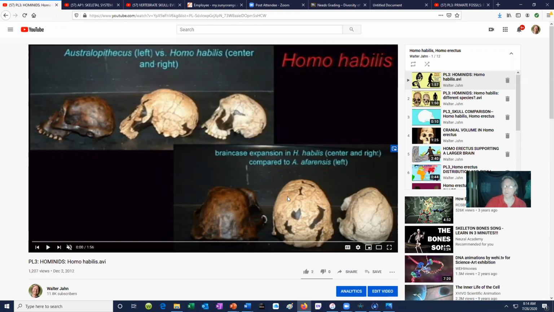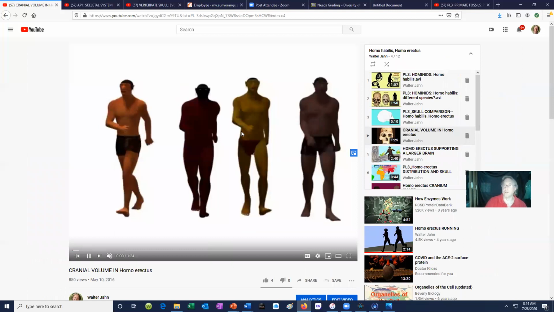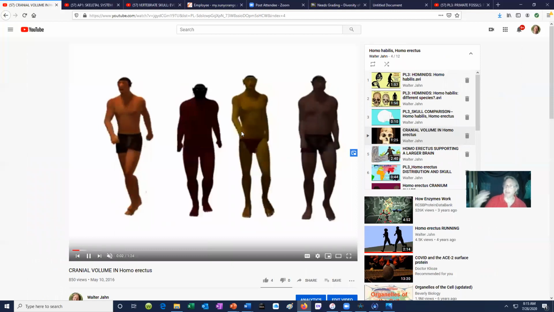And then if you notice how wide the parietal region is, clearly the expansion of the frontal and parietal bones have had a role in making the brain larger.